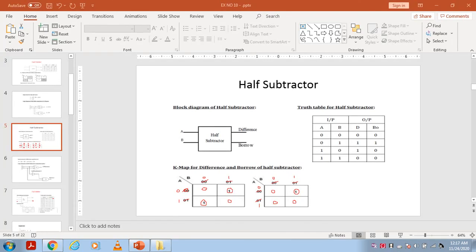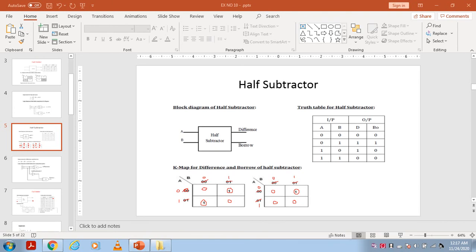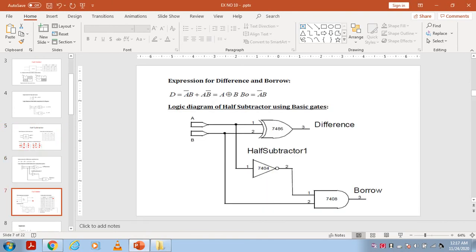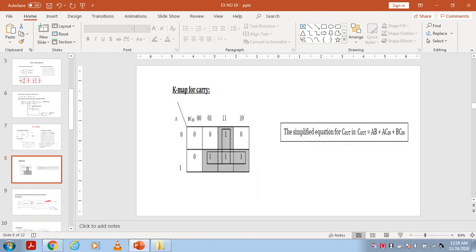This is the block diagram of the full adder circuit.